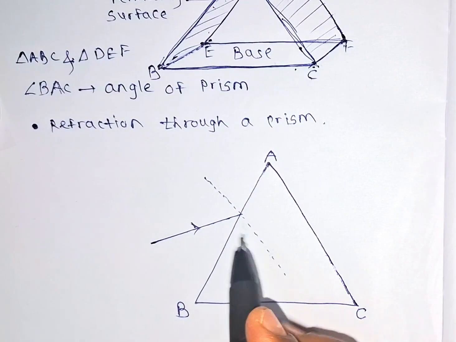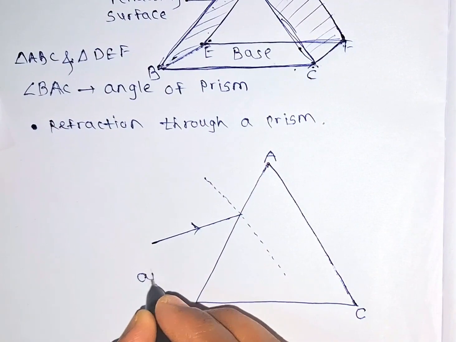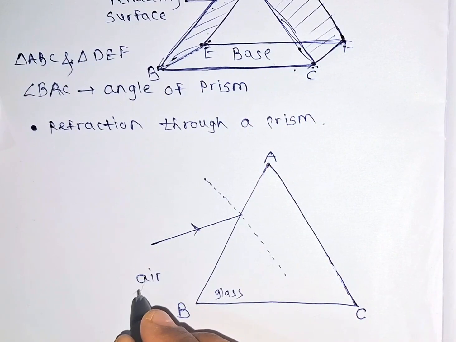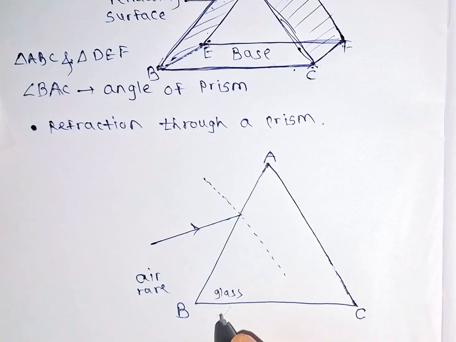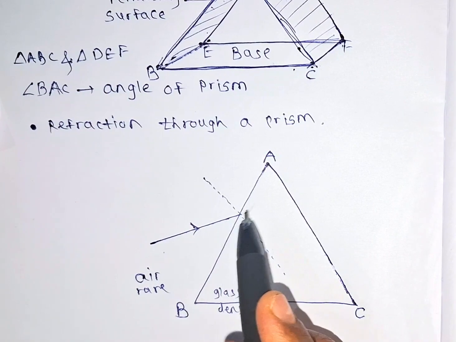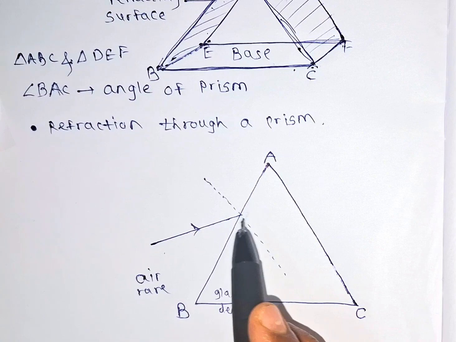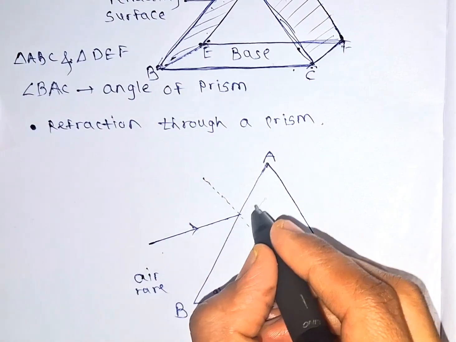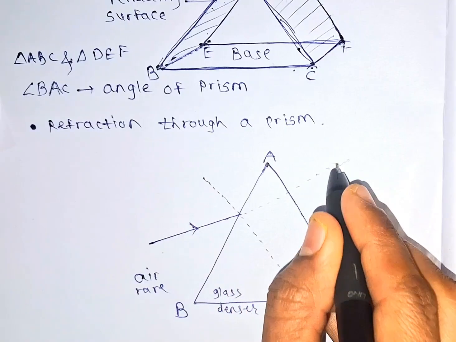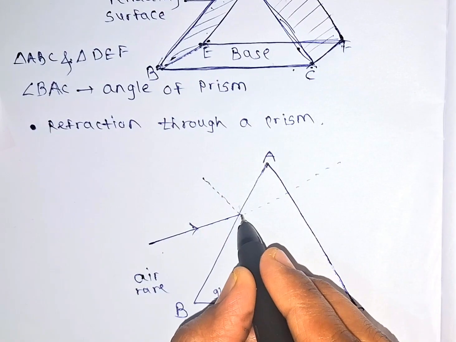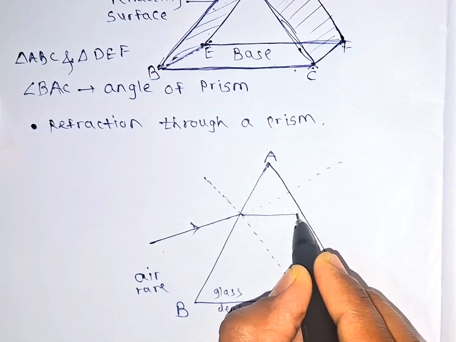As we know, this is air medium and this is the prism, so it is glass medium. Air is a rarer medium and glass is a denser medium. So when light comes from a rarer medium to a denser medium, it bends towards the normal. So this ray would go like this, but it deviates, bends towards the normal, so it goes like this.